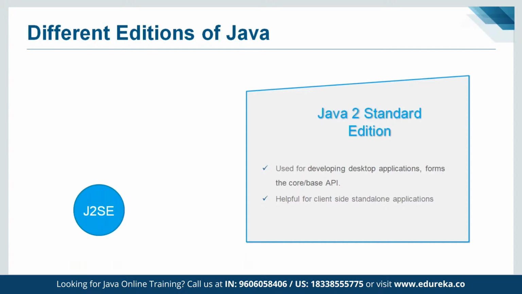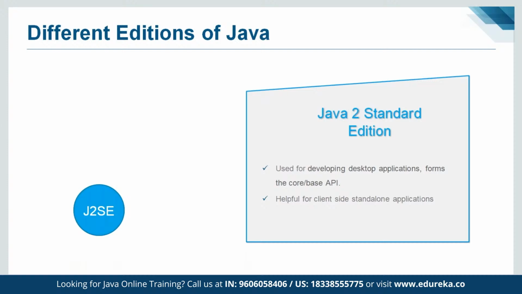stand-alone application. That means if you install a Java application in one device or one computer, that application will run only on that device. For example, I developed a banking project and installed that application on one computer, and it will run only on that computer.